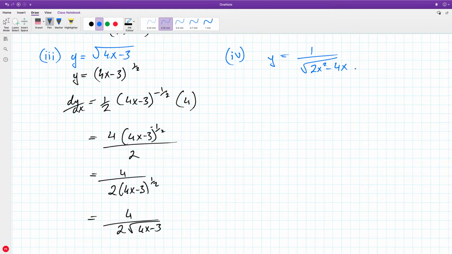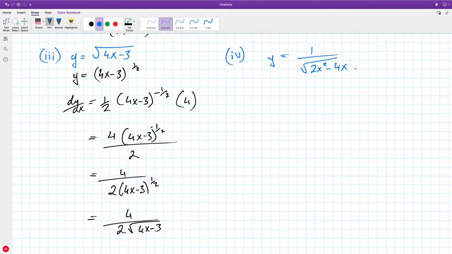Different way of doing it. You u over v it, you chain rule it.